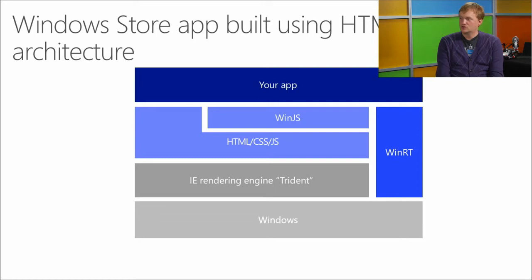So any of those store APIs that we want to use inside of our app, we can do that with JavaScript and HTML. It then uses the IE rendering engine and, of course, runs on top of the Windows system as well. So every app is managed by the operating system as far as memory and things of that sort. So it can be open, closed, suspended by the operating system to make more space for your app as far as memory-wise, or suspending it to make more memory for other apps and manage that as well.